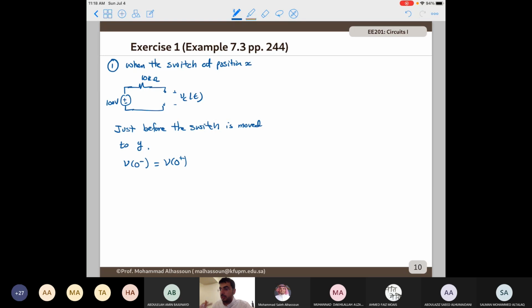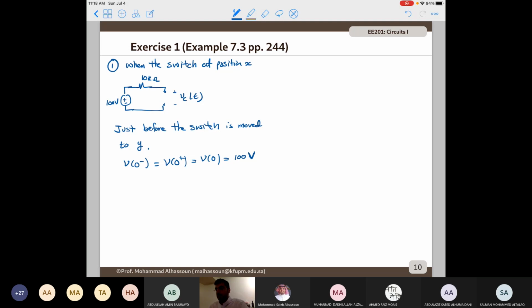Remember, the voltage across the capacitor cannot change instantaneously. And this is going to be equal to 100 volt, because there is no current passing through the 10 kilo ohm. Okay, so this is what happens in the first period.